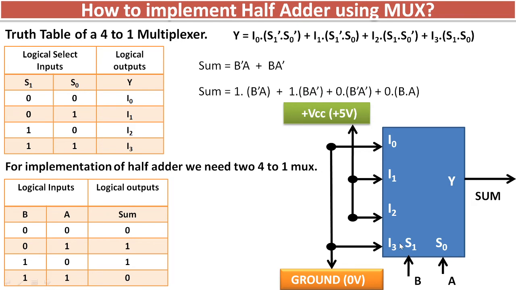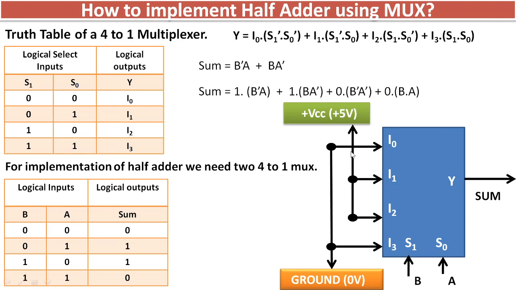So if we apply 0 0 at the select lines, as if we are providing input to the half adder, then the input line I0 gets selected at the output. Now when 0 0 is selected, the output of the half adder should be 0. Since I0 is selected at the output during this combination and it is connected to ground, we will get a 0 at the output. Similarly, if the input is 0 1, then I1 is selected.